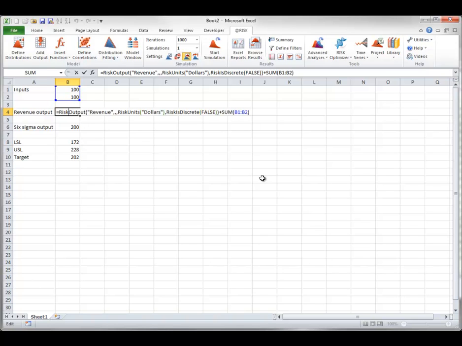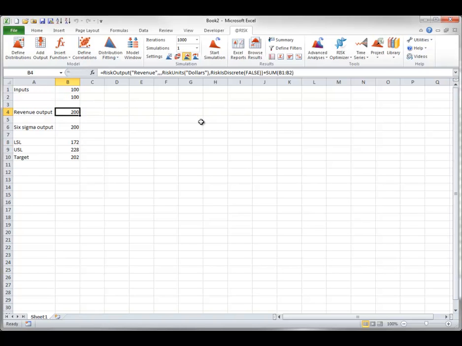The first 3 arguments of RiskOutput are reserved for the name, the range name, and the position in the range, respectively. These latter 2 arguments aren't used here, hence the extra 2 commas. But the final 2 arguments you see are the property functions, RiskUnits and RiskIsDiscrete. In this case, their values will be reflected in @RISK output graphs and reports.